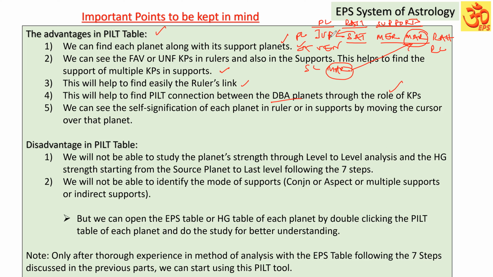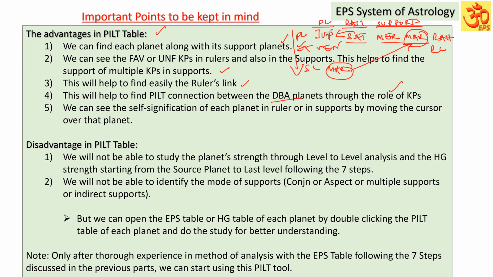But in the EPS table, you can see each planet's self-signification from CL to CSL. We can easily see that because that is most important. Each planet's source, effect, result, star lord, sublord, we have to study the same way, left to right, top to down. That is the important principle of studying the EPS table.